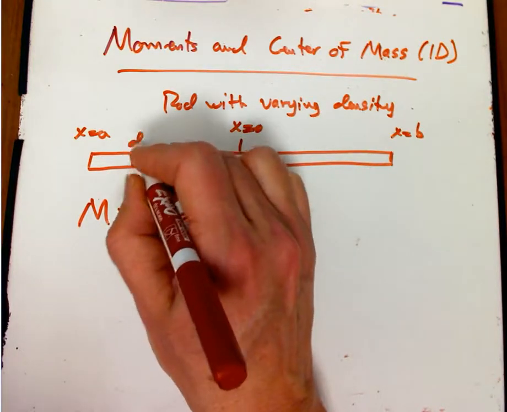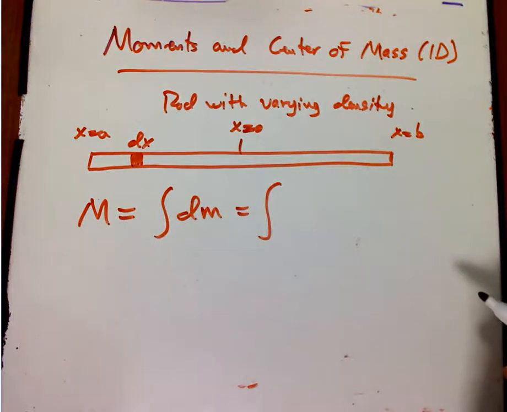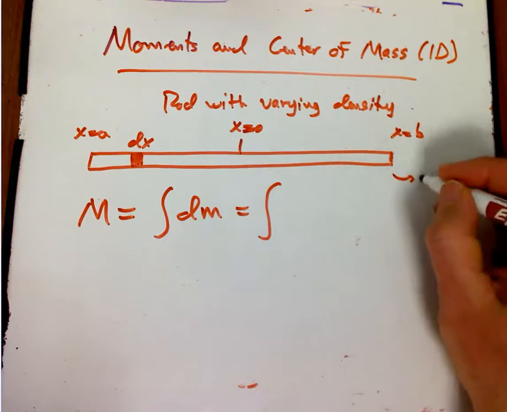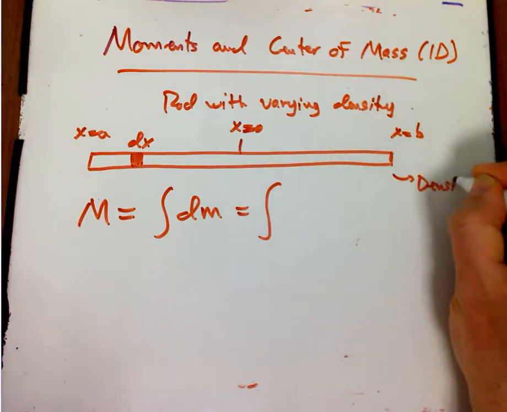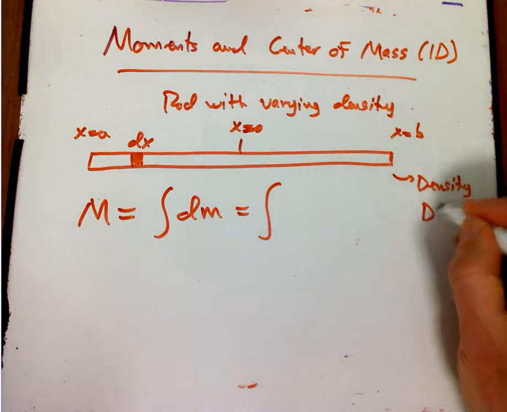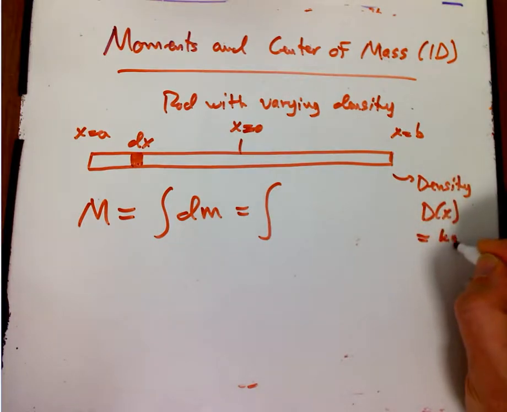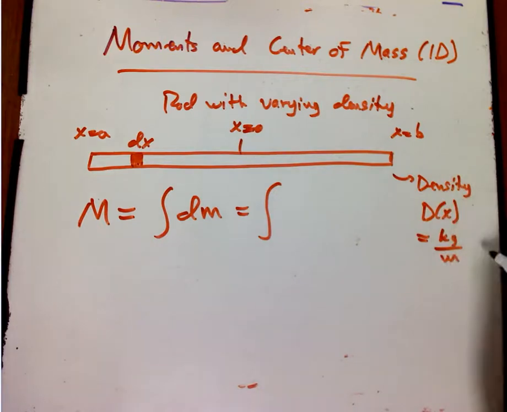Well, if I happen to know that the length of that chunk is dx, and the density is possibly a variable function, that's where it gets interesting, let's say d of x, measured in kilograms per meter, a linear density.